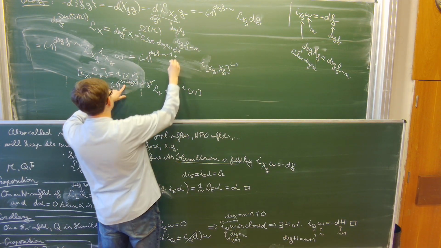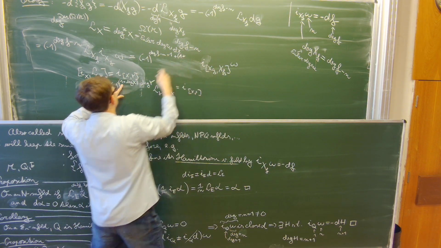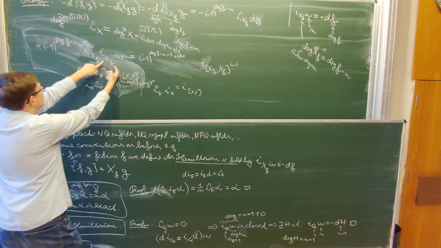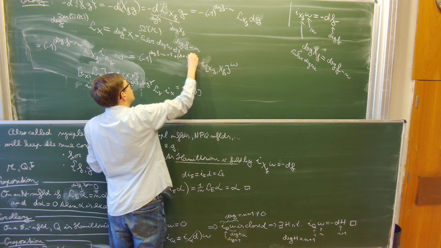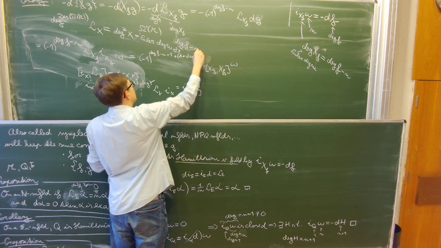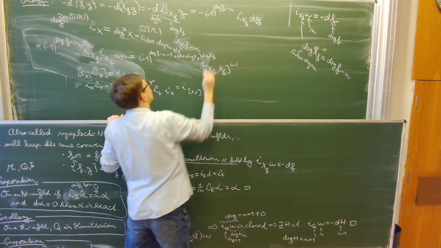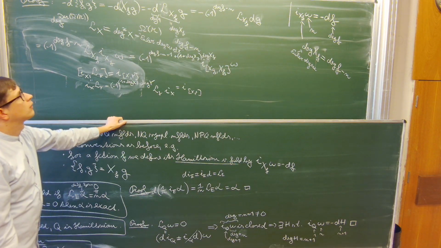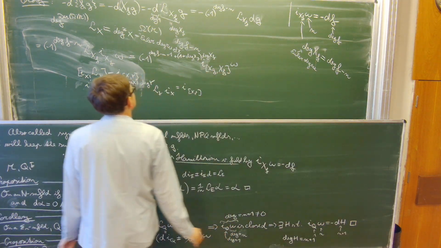So here I get 1 plus degree of my vector field here. Okay, let me write here deg xg multiplying deg xf. And for these I need to substitute this one.